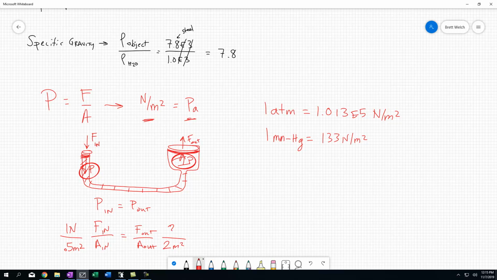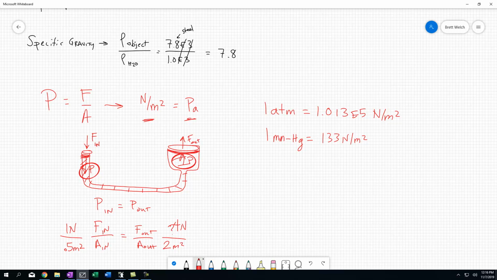To make this still a balanced equation, 1 over a half is 2. And so over here, because I have a 2 here, I would have to have 4 newtons in order to get 2 on the right side. So if you think about cross multiplying, if you will.